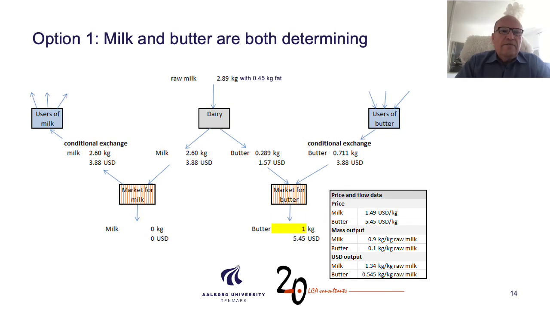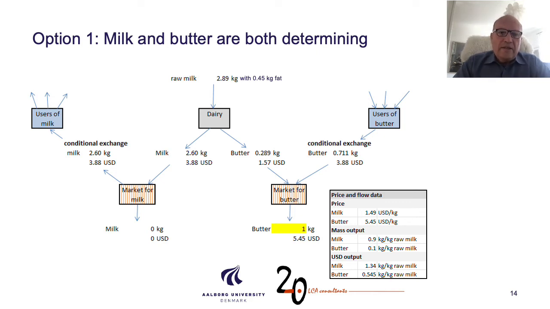So let's take first option 1, that milk and butter are both determining. The demand from the butter production would lead to an output of 2.6 kilograms of milk and 0.289 kilograms of butter.